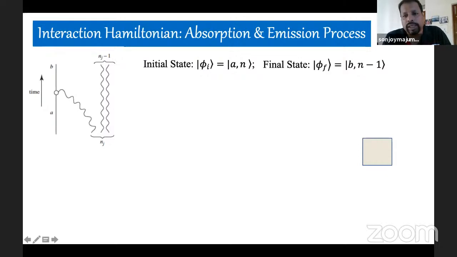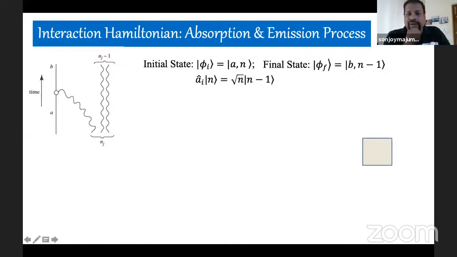For the final state, let's say one of the electronic states B, to which the electric dipole transition is allowed through that interaction Hamiltonian which I have discussed. Since I am going to discuss absorption first, one photon will be absorbed and the atom will go from the a-th electronic state to the b-th electronic state, and one photon will disappear from the system. So we go from n to n minus 1.